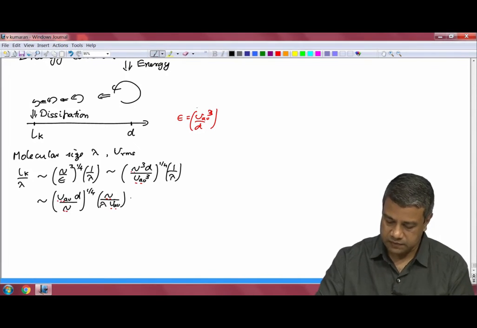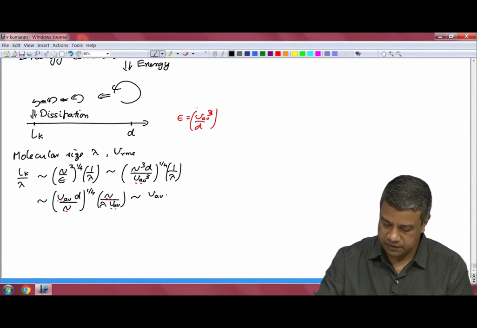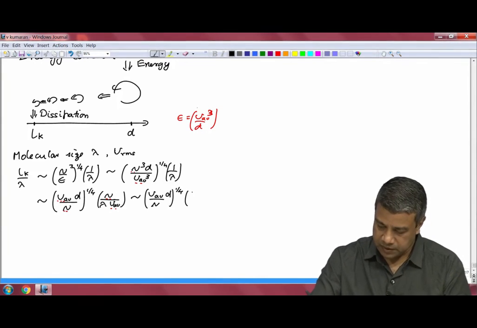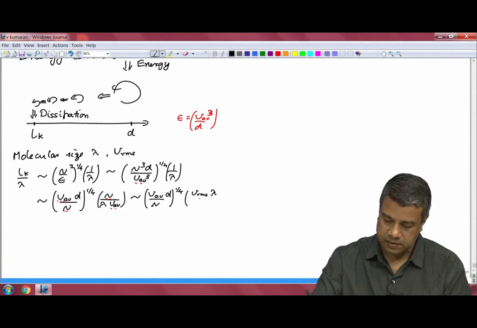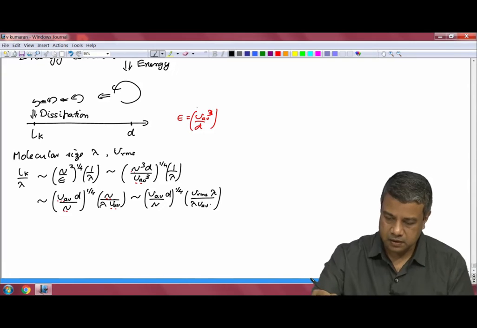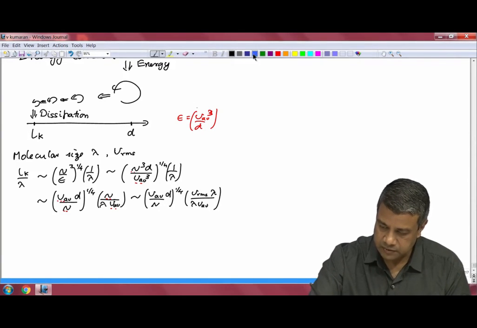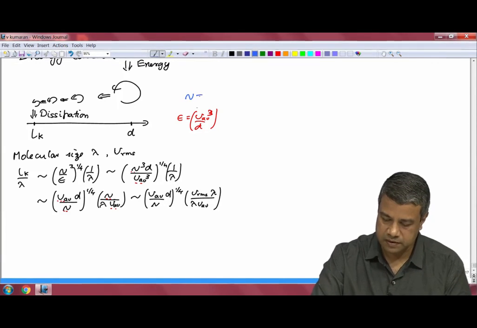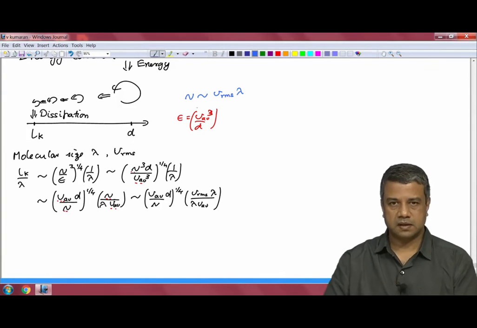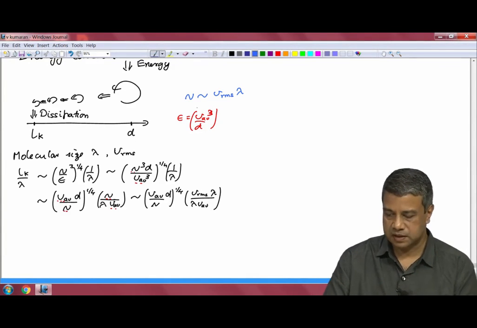The reason I have written it in this form is because this can be written as V_av d by nu power 1/4 into V_rms lambda by lambda V_average. Recall that from kinetic theory of gases, the kinematic viscosity, the momentum diffusivity, the mass diffusivity and the thermal diffusivity all scale as the product of the root mean square velocity and the mean free path.